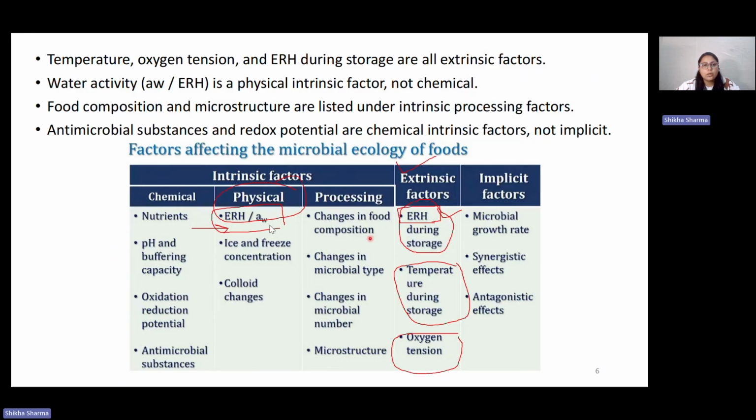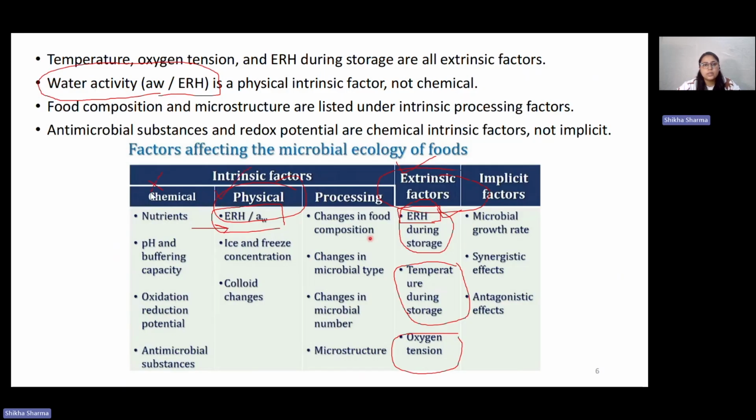But here we are talking about the water activity and the equilibrium relative humidity of the food product, so it relates not to the environment. If we are talking about the environment, then it will be in extrinsic factors, but here we are talking about the water activity or equilibrium relative humidity of the food product. So it will come in the intrinsic factors, but in the physical parameters. It is not a chemical parameter.